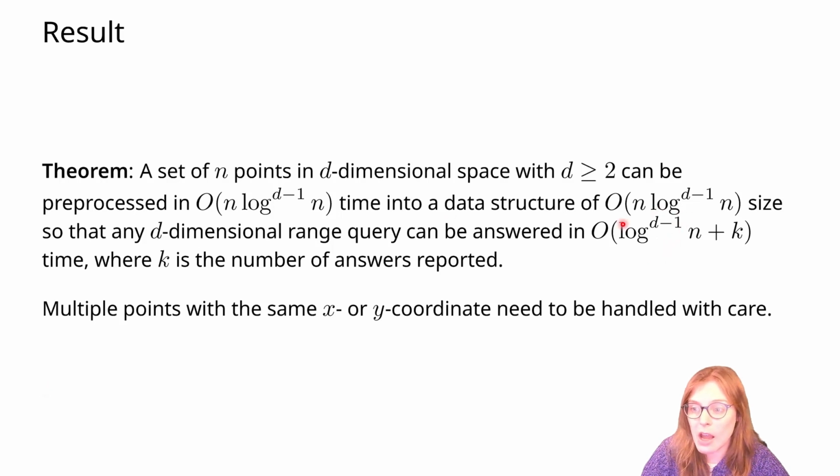Note here that now we reduced the power of this log in the query running time by 1, from d to d-1. As usual, if our input is degenerate, in particular if we have multiple points with the same x or y coordinate, then we need to be careful about using this fractional cascading technique.